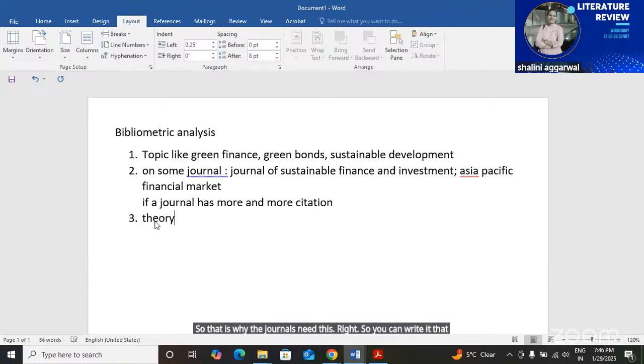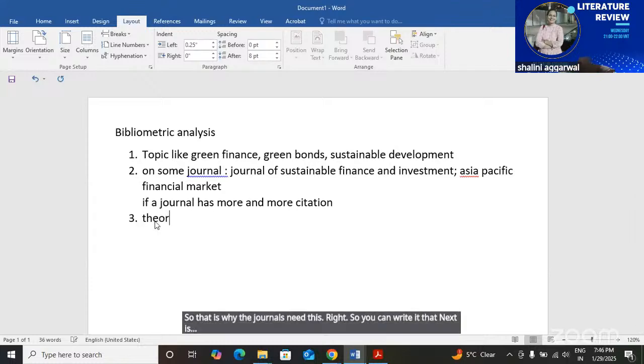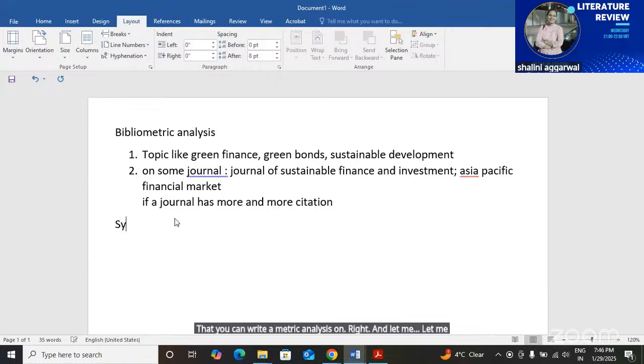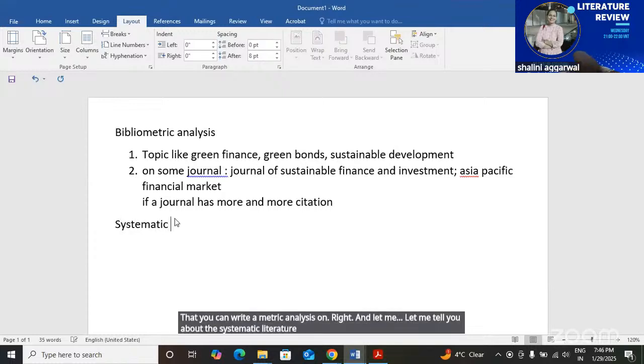Next is, okay, so these are the two things that you can write a bibliometric analysis on, right? And let me tell you about the systematic literature review in between. I hope it is fine.